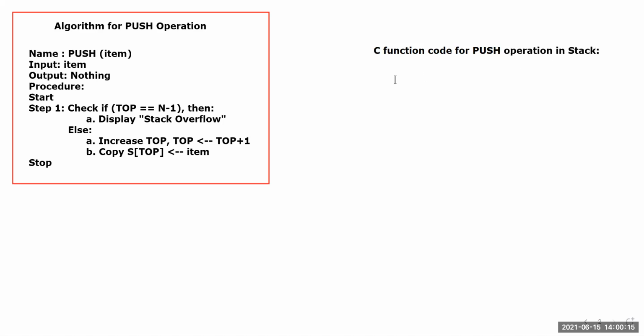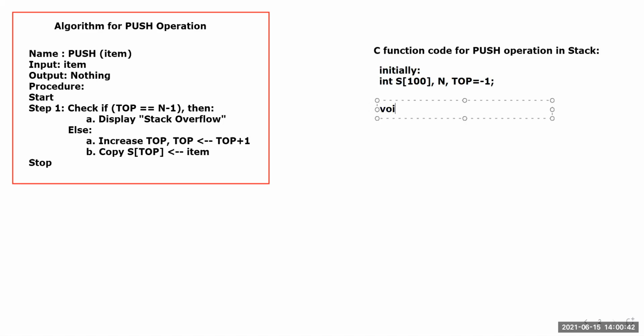So for that, first of all, initially, what all I should have? I should have int s of some particular size. Then I should have n, which holds the size of the array. Then I should have top equal to -1. All right, these things I should be having initially.